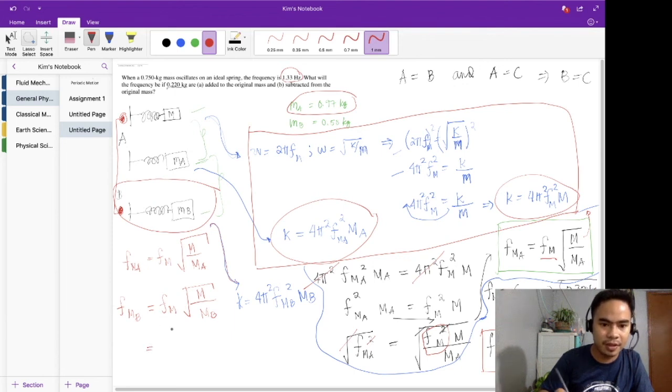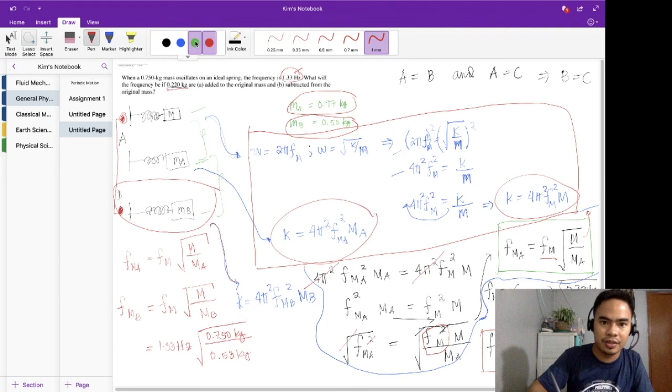For example, f sub m is the original frequency of the original mass, that is 1.33 hertz. And then you have the square root of the original mass, which is 0.750 kilograms, and then you divide it by mass b, meaning the lesser mass where you deducted 0.220 kilograms, and that is 0.53 kilograms.